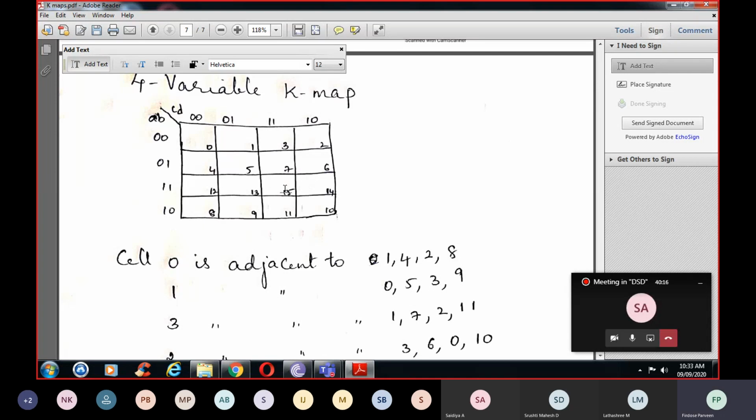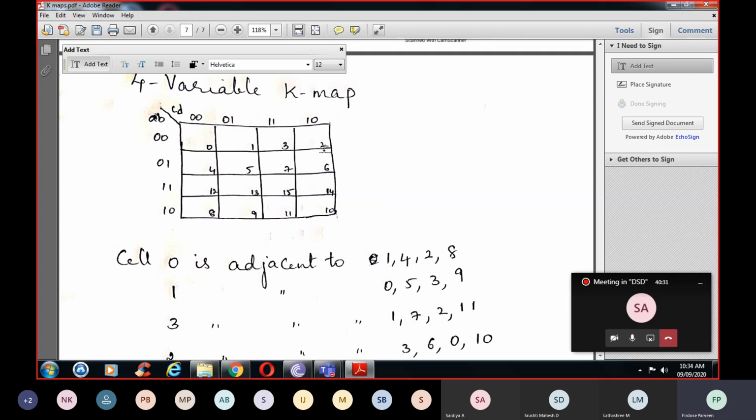14 is adjacent to 15, 6, 10, and 12. 6 is adjacent to 2, 14, 7, and also 4.